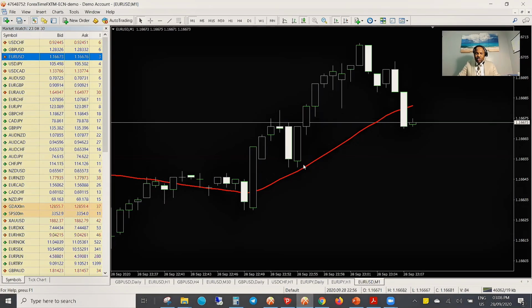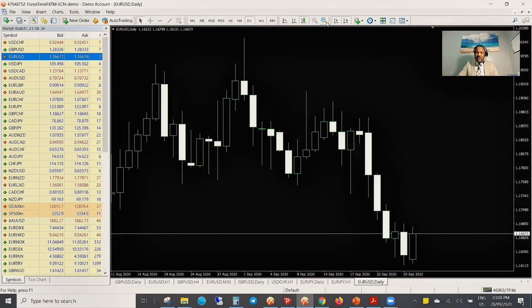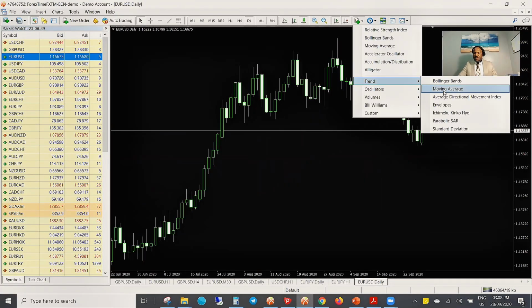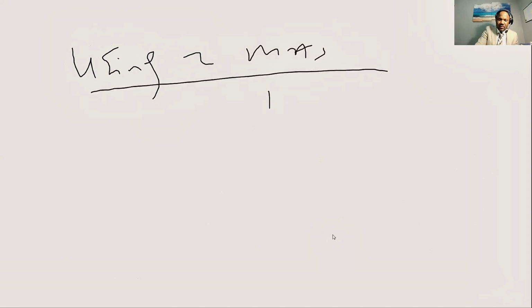Let's put two moving averages, and then you tell me the trend. Let's set it. Using 2 moving averages, use this setting.